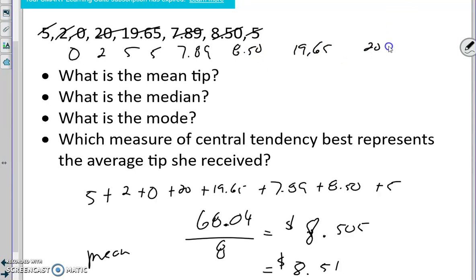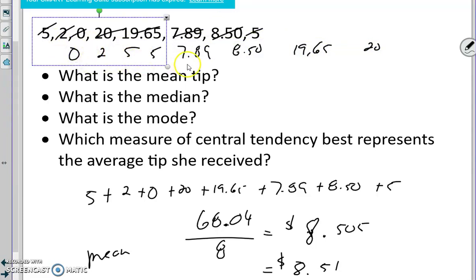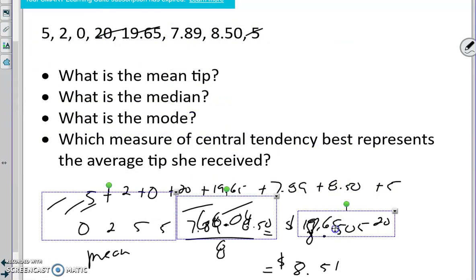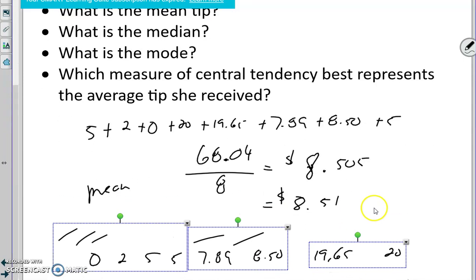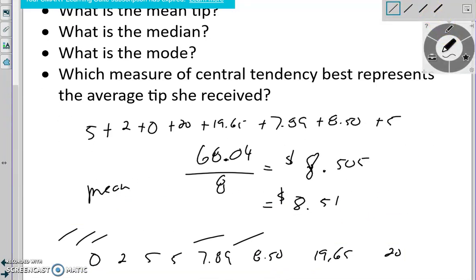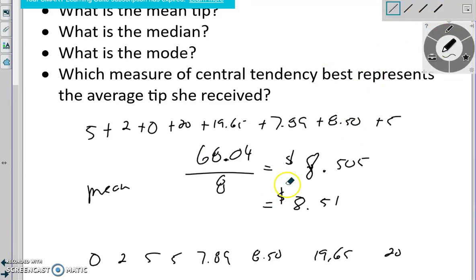So I put them in order. I'm just going to move them down here. Okay, so I got them in order. And there's 8 of them, right?